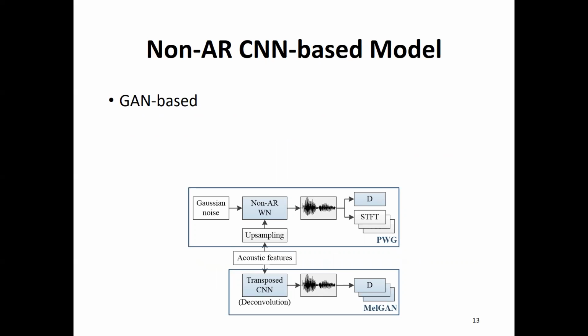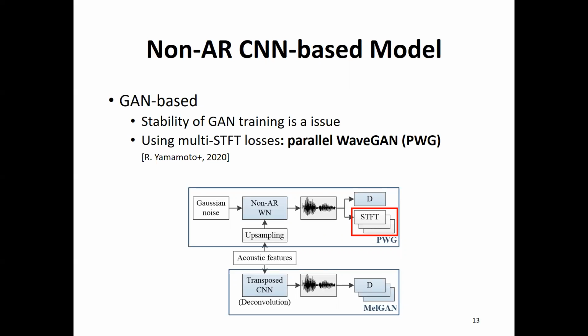Furthermore, GAN-based non-AR models, such as Parallel WaveGAN, PWG, and MelGAN, have also been proposed, and they adopt GAN to attain very compact generative models with high fidelity speech generation. However, as we know, the stability of GAN training is challenging. PWG adopts a multi-short-time Fourier transform, multi-STFT loss module to keep the GAN training stable.